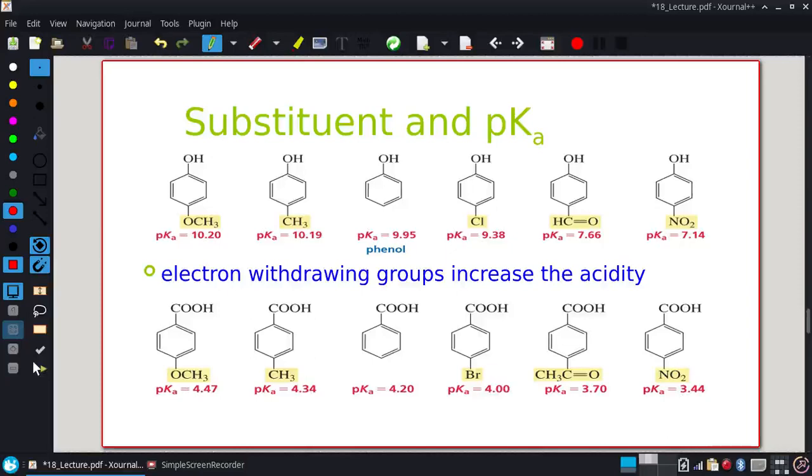Electron withdrawing groups pull those electrons away, which allows that to come off easier. We will see that lowers the pKa of both these groups. So we have a very similar trend: a nitro, a very withdrawing group, will withdraw a lot, making a very low pKa, and a donating group like the anisole will make it much, much higher.